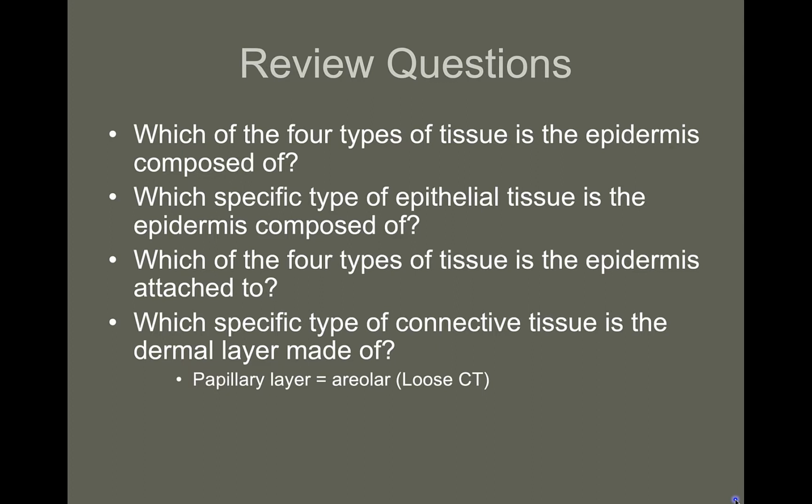So there's actually two types that we'll see, the areolar tissue, which is our loose connective tissue, and a dense irregular connective tissue, which is a dense connective tissue. So we will be getting into that in this lecture and sort of hashing out what is the difference between those.